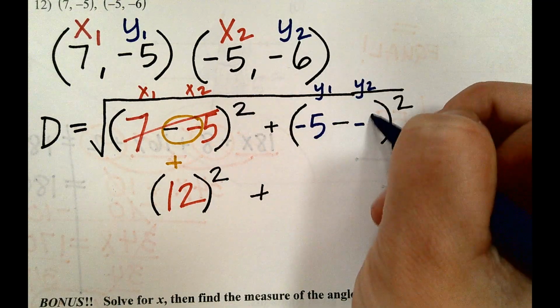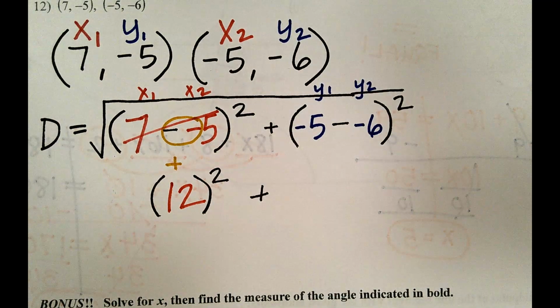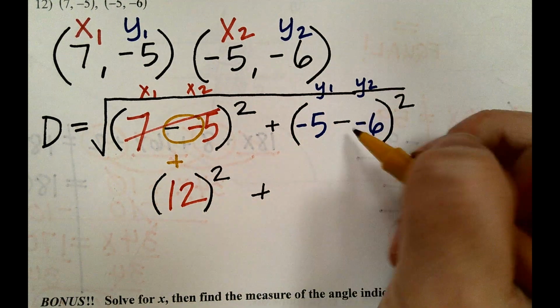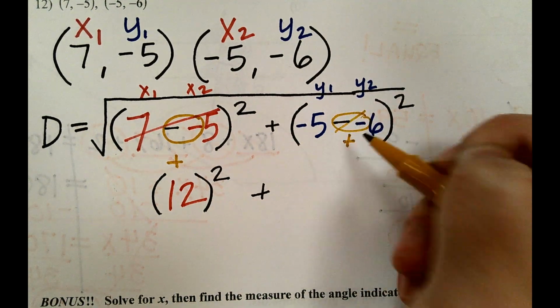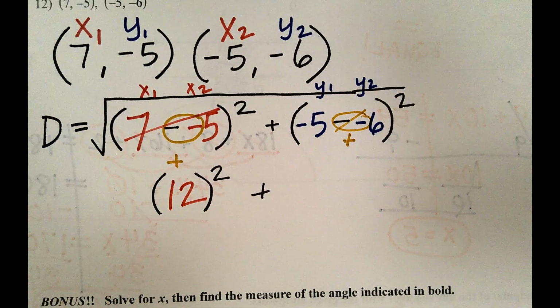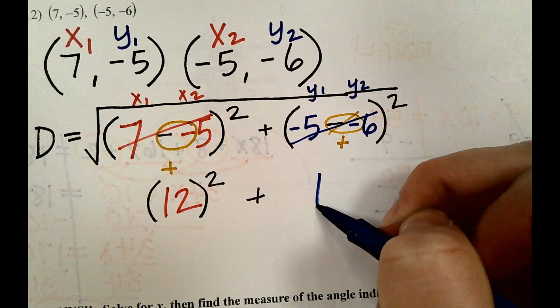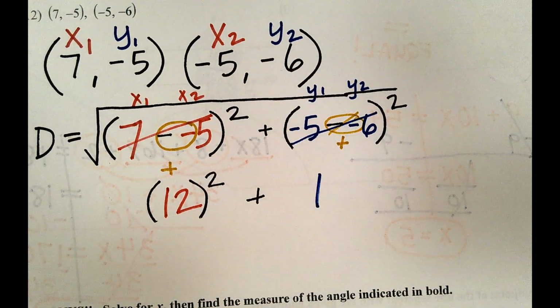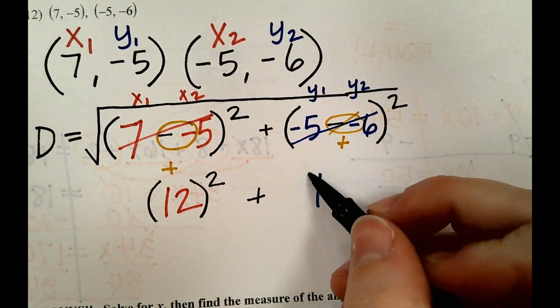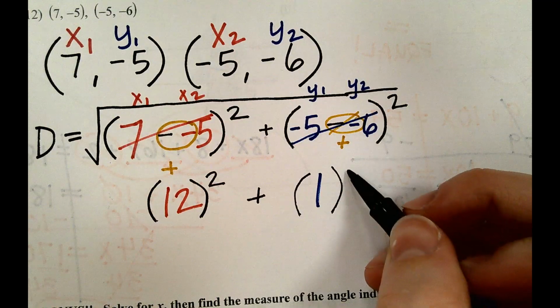Y2 is -6. So I have another minus negative. So it really is plus -5 plus 6 is 1. But what comes down? Your square. My square.